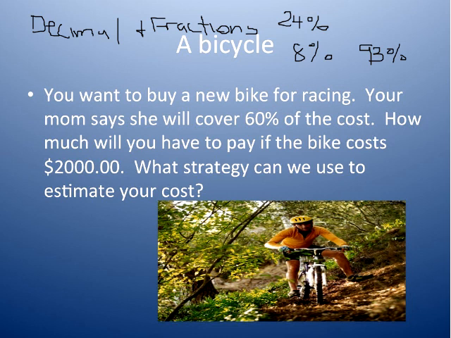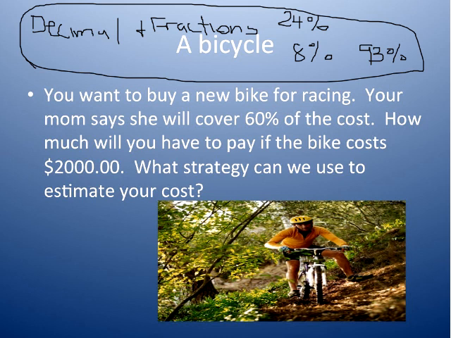I would like you to write the decimal and the fraction for 24, 8, and 93%. Not at $2,000, you can forget that. This is just what I want you to do. Easy peasy.